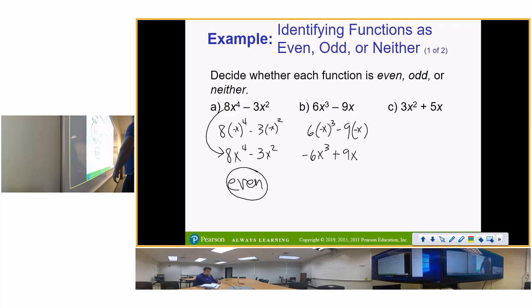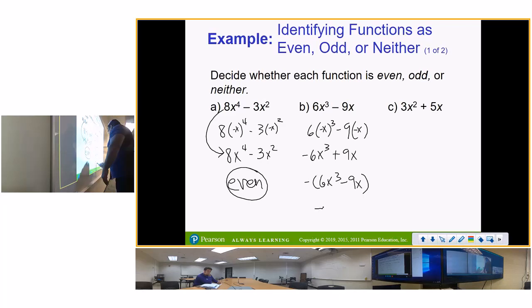But if I was to take a negative and throw it out in front of 6x to the 3rd minus 9x, what would I get? Same thing. I'd get negative 6x cubed plus 9x. This is f of negative x, and this is negative f of x.